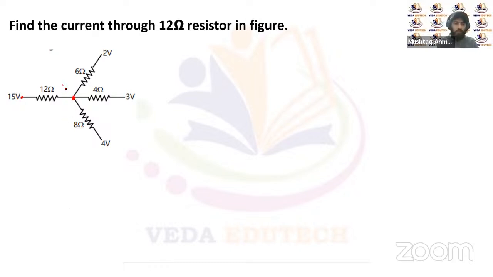Let's assume V naught is the potential at this point. This is the junction point. I'm assuming that V naught is the potential at this point.